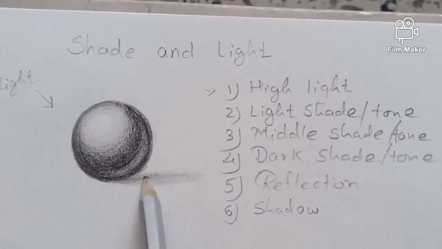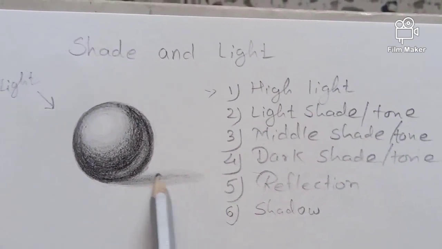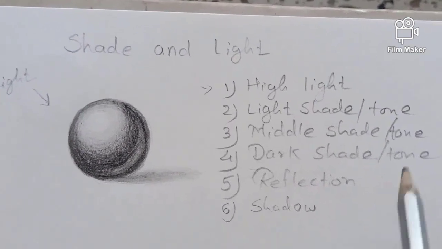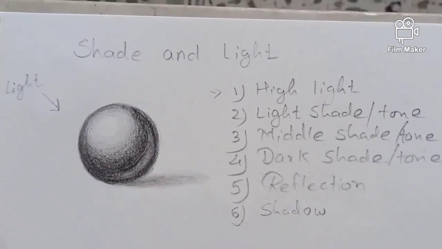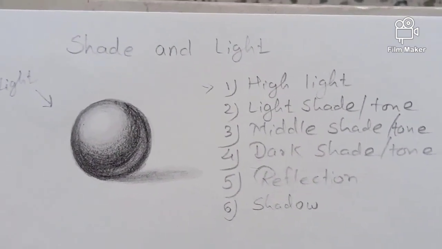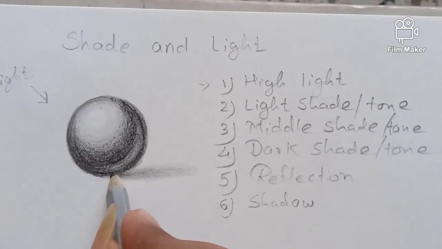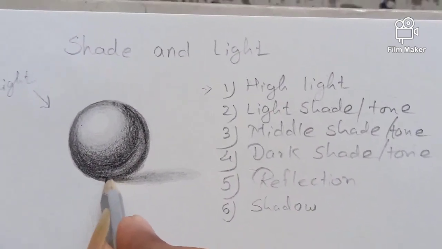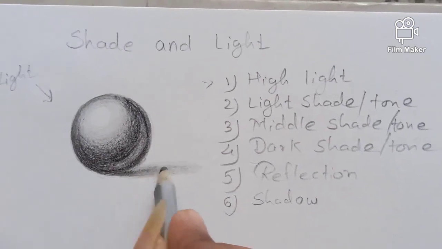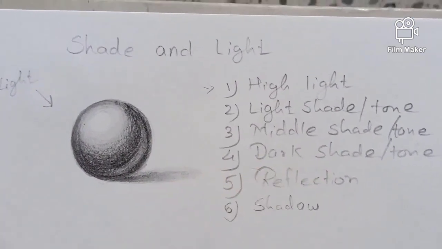It's like a reflection of your object, and sometimes it carries the shade of your object, and you can add some gray tones to it. Where the edges are, you can make it a little dark, and then you can spread it out.